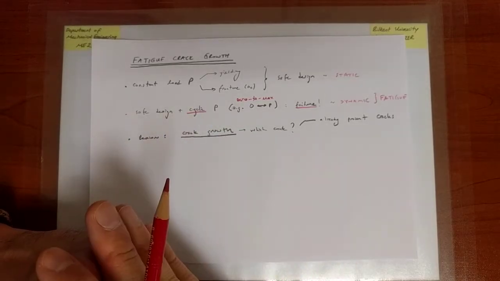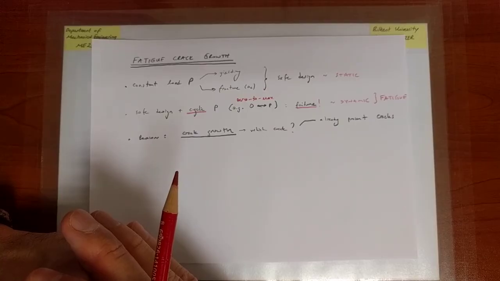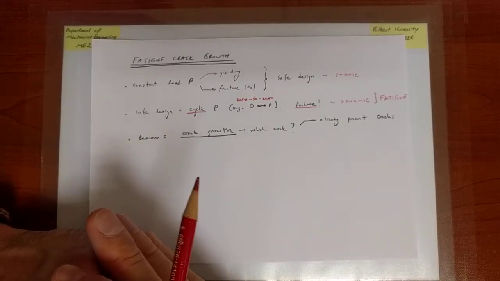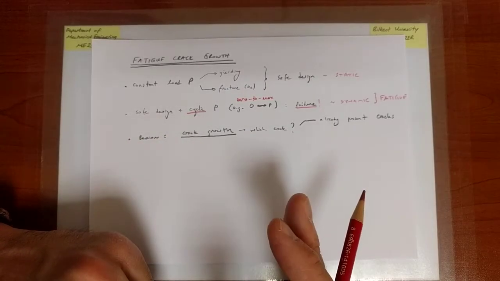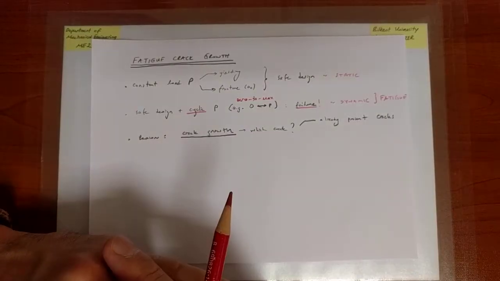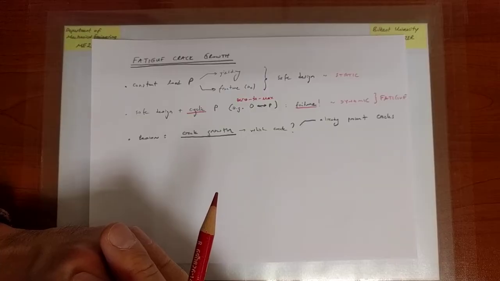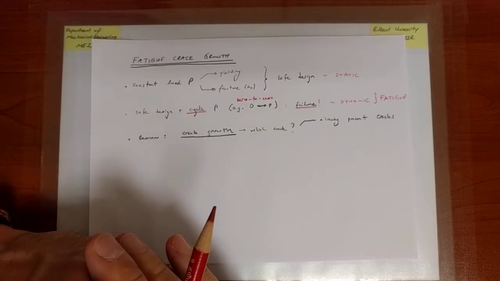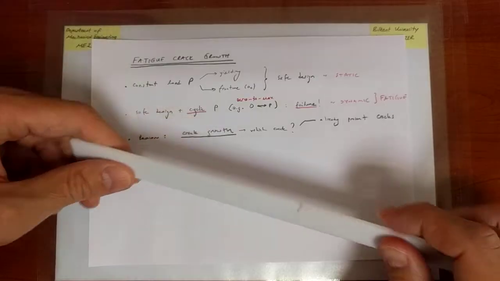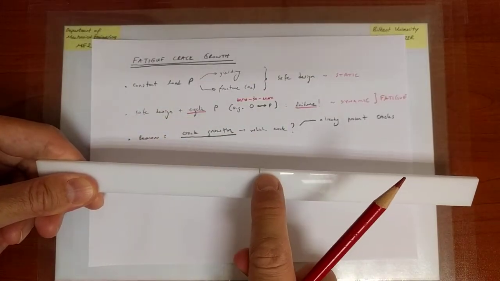Now, either visually or using an instrument, any type of measurement has a certain resolution. So for instance, suppose I have an instrument that cannot measure cracks of size less than 1 micrometer. If it's larger than 1 micrometer, as I scan my structure, it will tell me, oh, there's a crack.